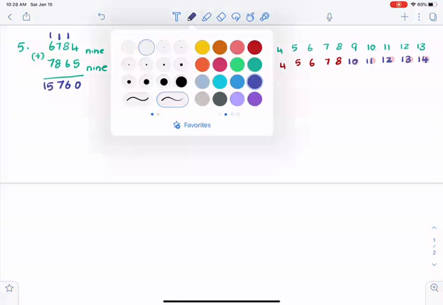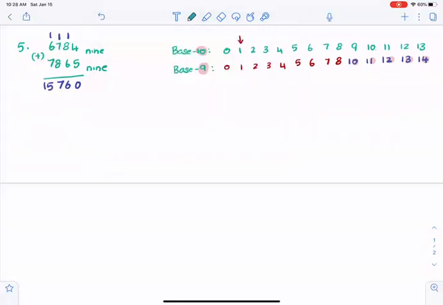So now that I did this mentally, I'll show you what I mean. So base 10, base 9. So 14, 15, 16, 17, and 18.